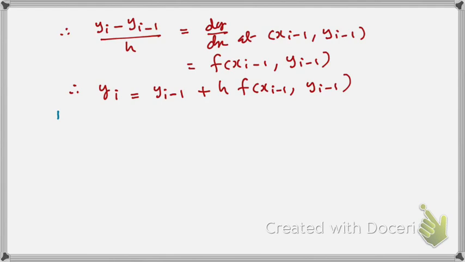Think about it. Let's say they said f of 0 is 1. So 0 comma 1 is the initial point. Using that, I can find a point which is very, very close to it, like 0.1. I can't find f of 10 directly because 10, since it is very far, may not be close to the curve.